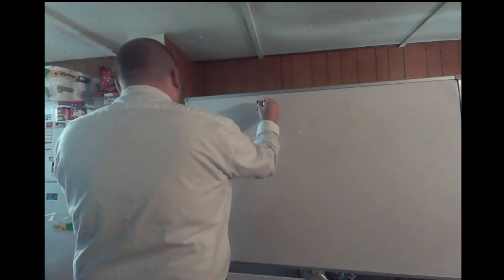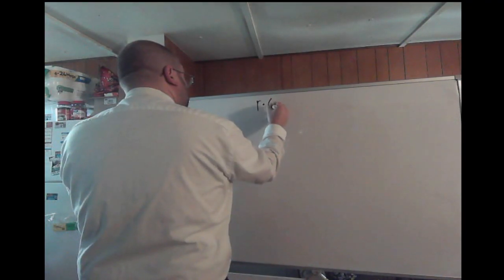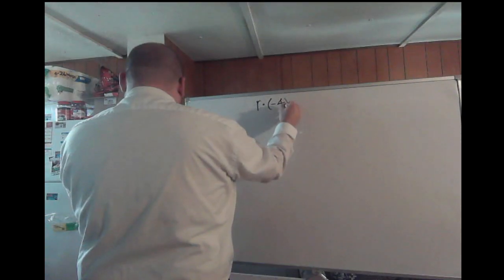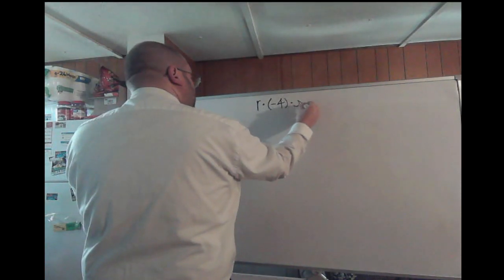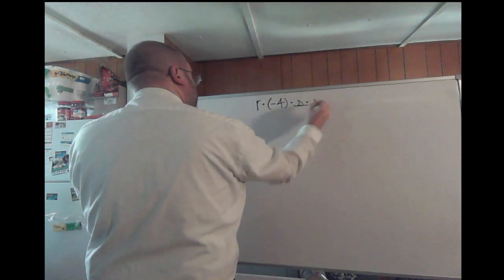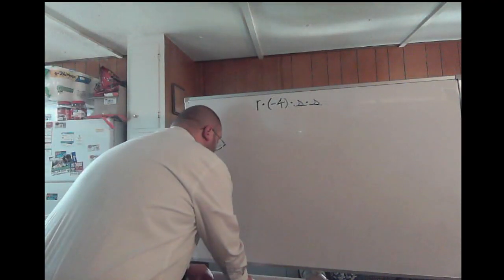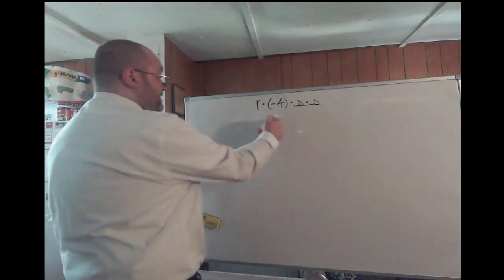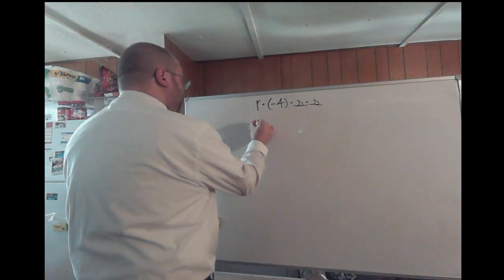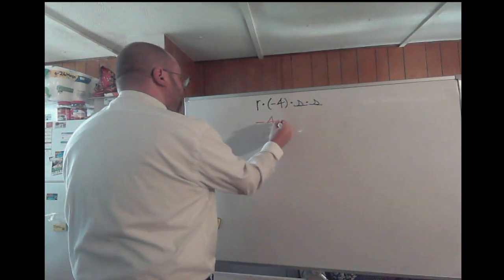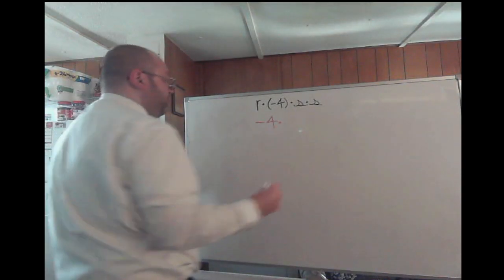Alright, we got r times negative 4 times s times s. Okay. So, we got that constant of negative 4. Let's put that on the outside. Times, let's go in alphabetical order. We have r.